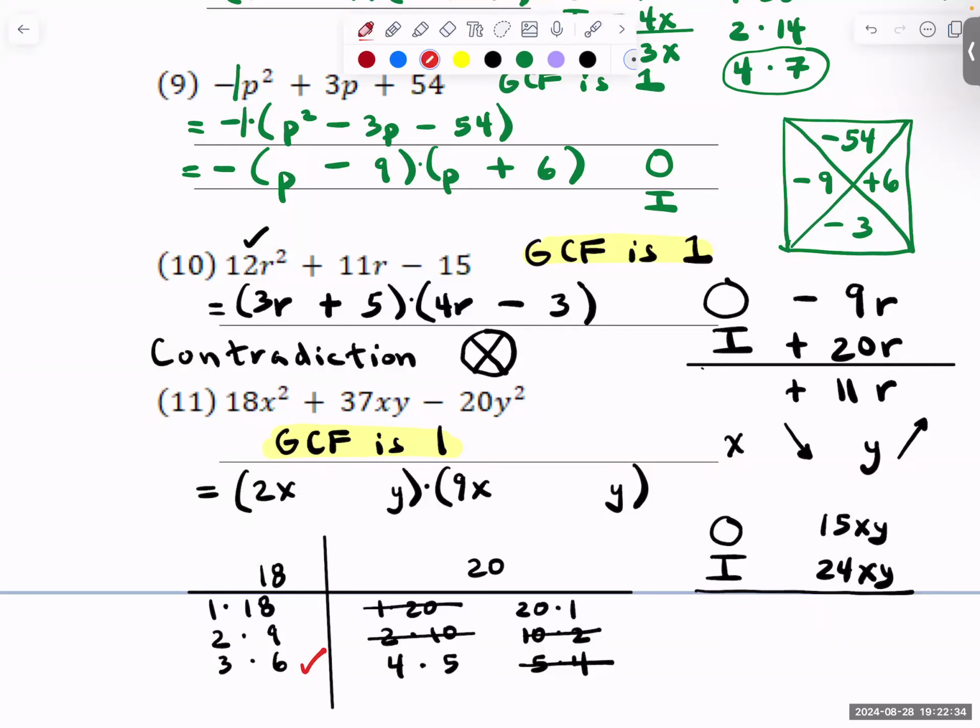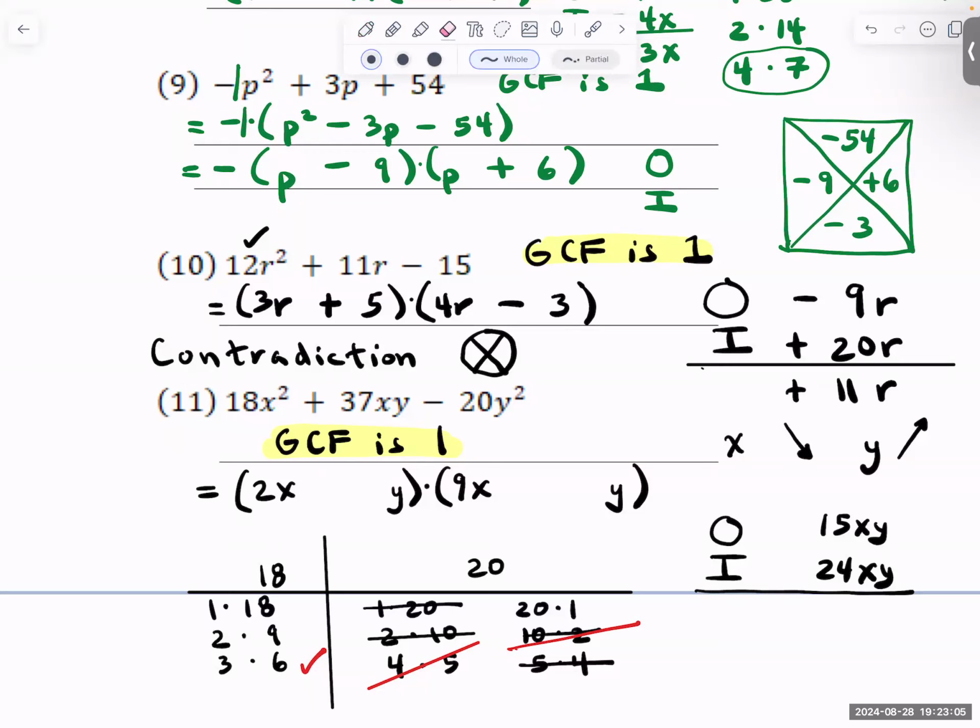So on factoring 20y squared, we have to cross out 4 times 5 because we can't pair 4 with 2. There'll be a common factor of 2, so that's out. So let's erase the 4. Let's strike 10 times 2 in red because we can't pair 10 with 2. So that's out. Let's erase it.